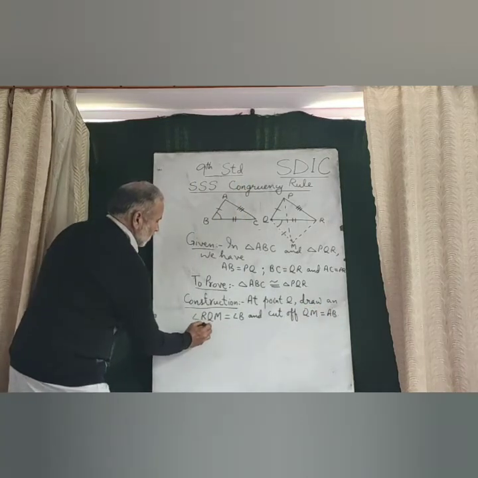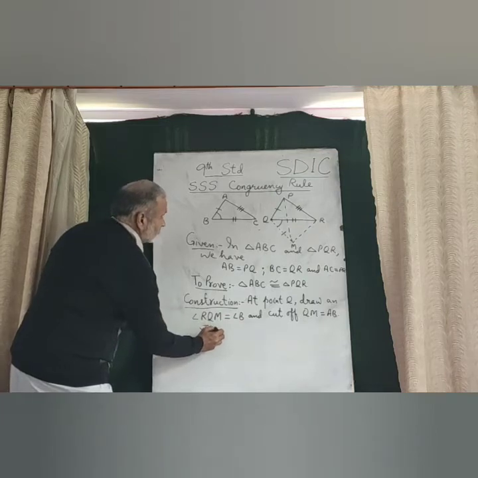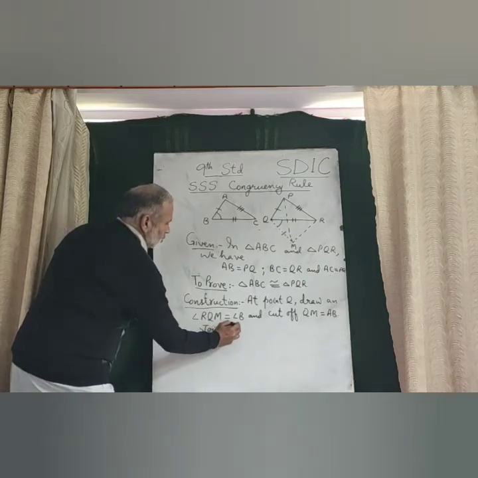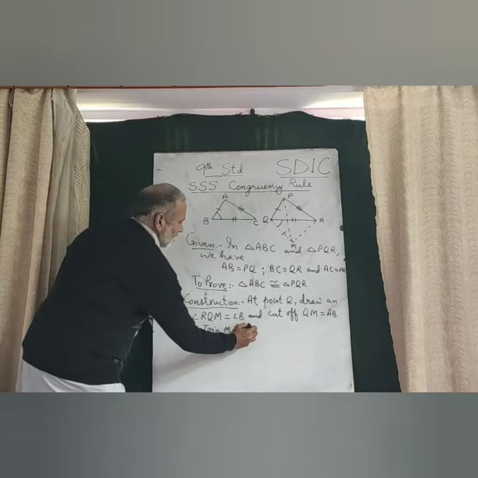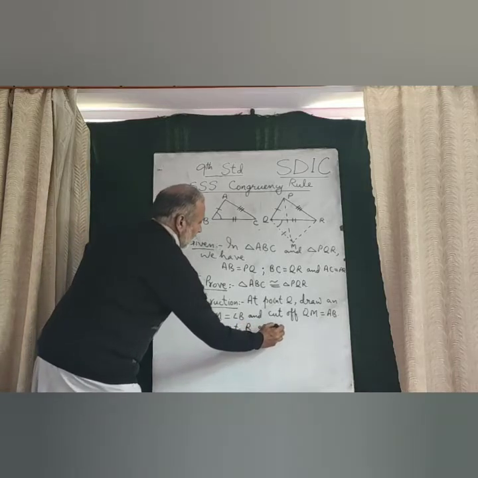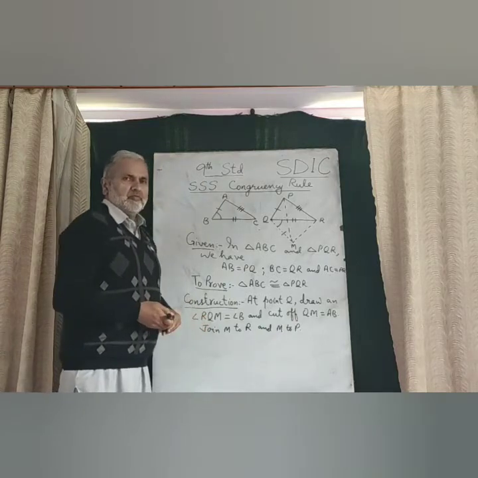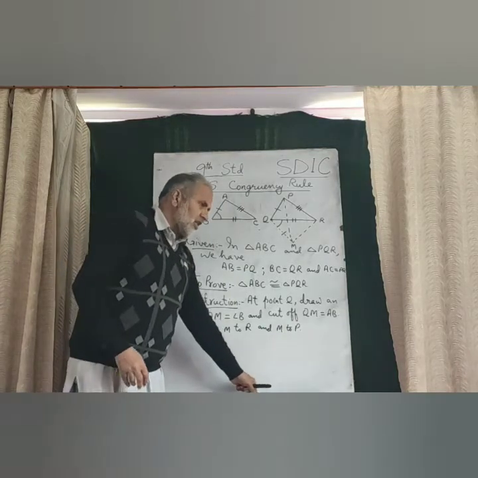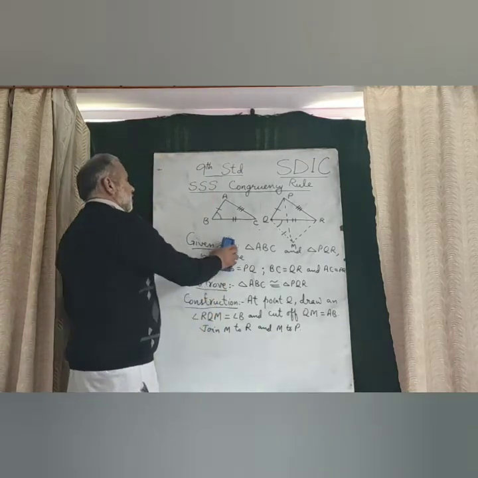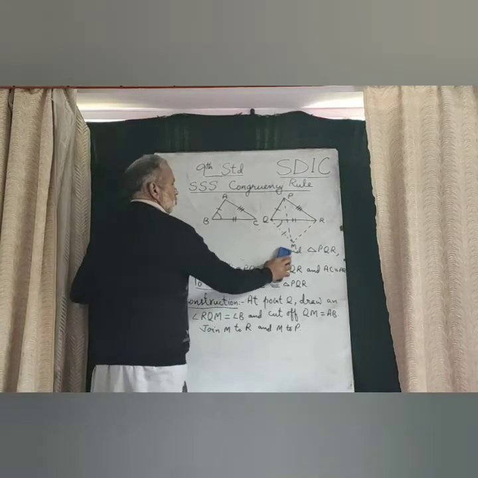Then we also join M to R and M to P. This is the construction of this. Now this construction will then help us to prove the congruency of the two triangles.